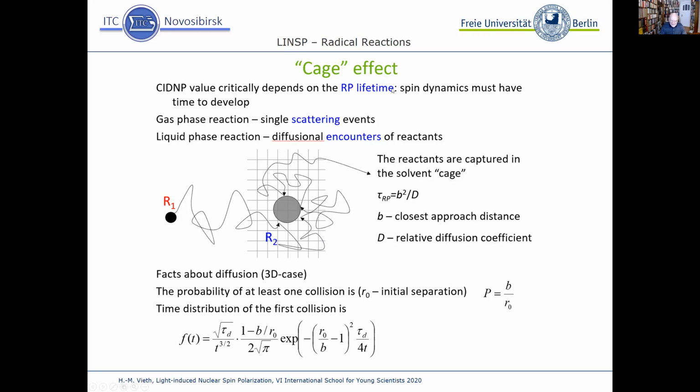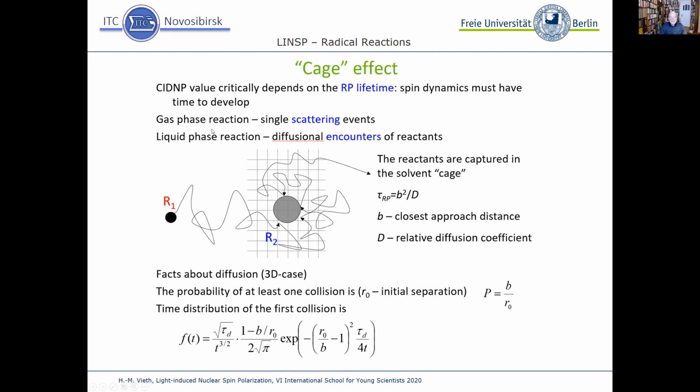If the radicals decay before, let's say, the slow spins have crossed, then we don't see them in the NMR line. The spin dynamics that lead to the change of triplet to singlet character, the intersystem crossing, needs time to develop.